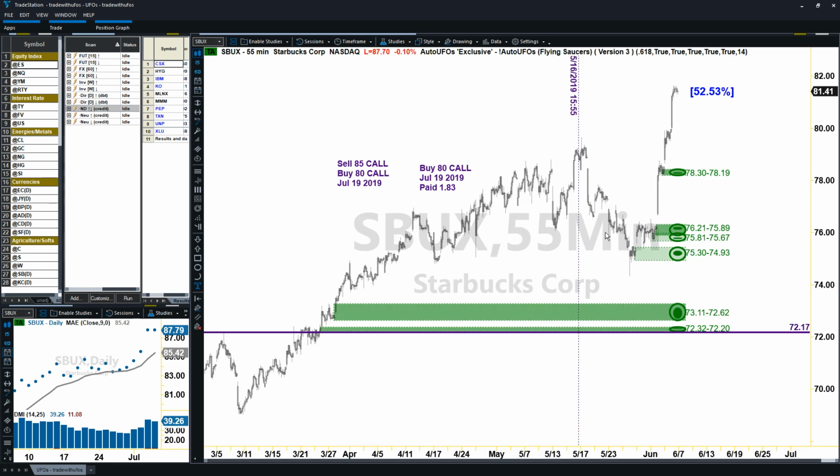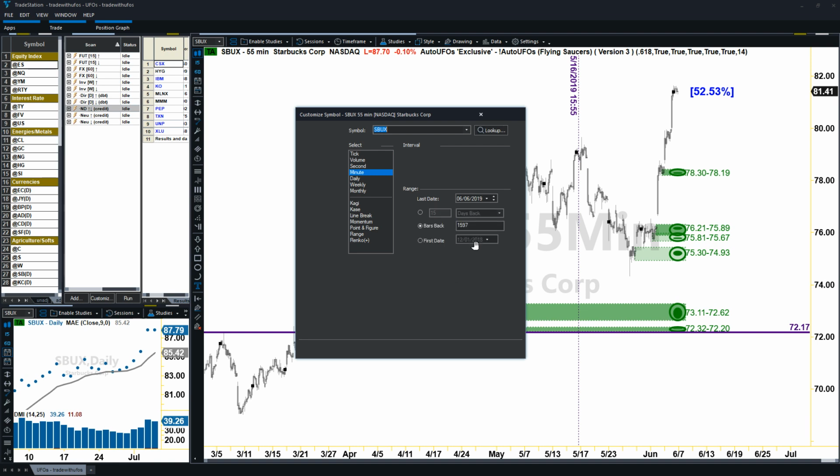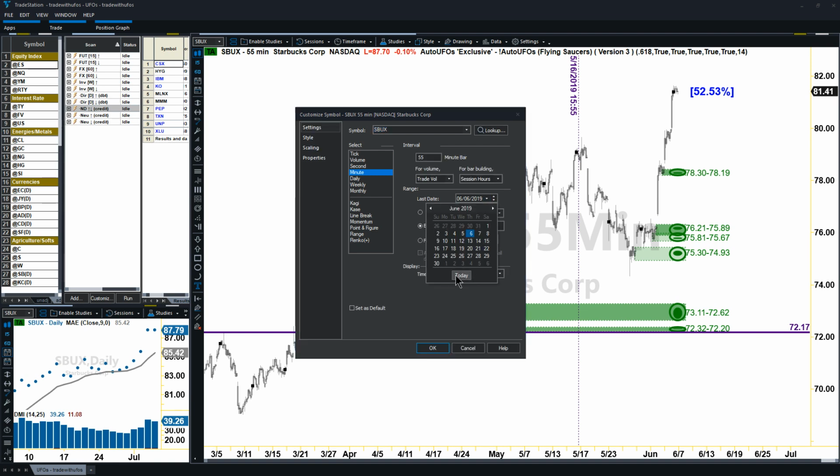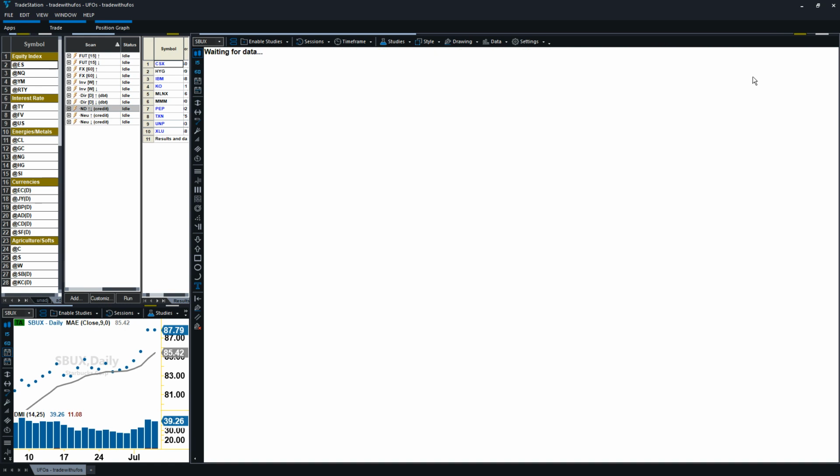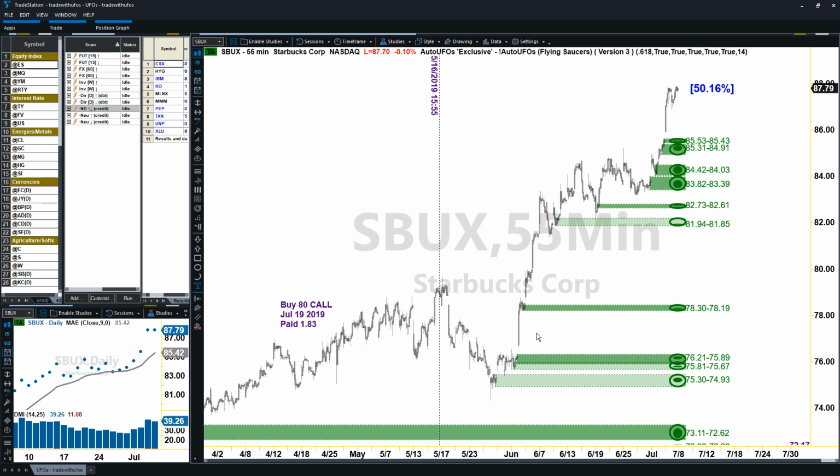At that moment in time, it started moving your way, and up to today, I think it's $87 a share, something like that. So the trade worked very well, and in this case, you never had to switch to damage control mode because it never crossed the 72 line.